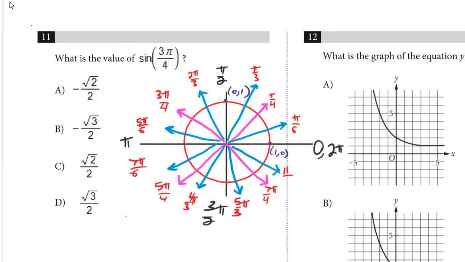And 11 pi over 6. And last but not least, 12 pi over 6, 2 pi.